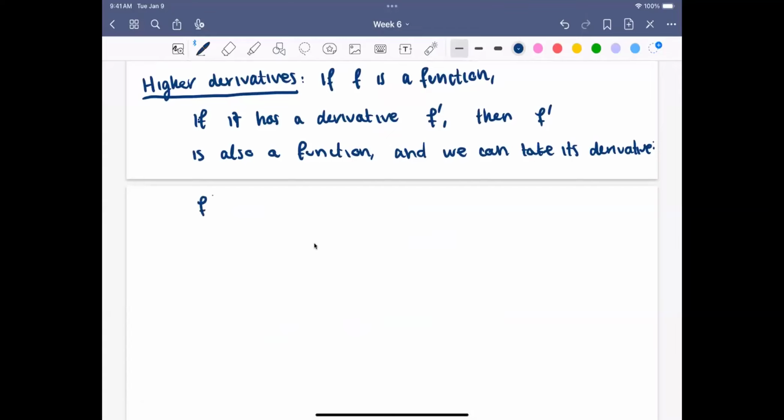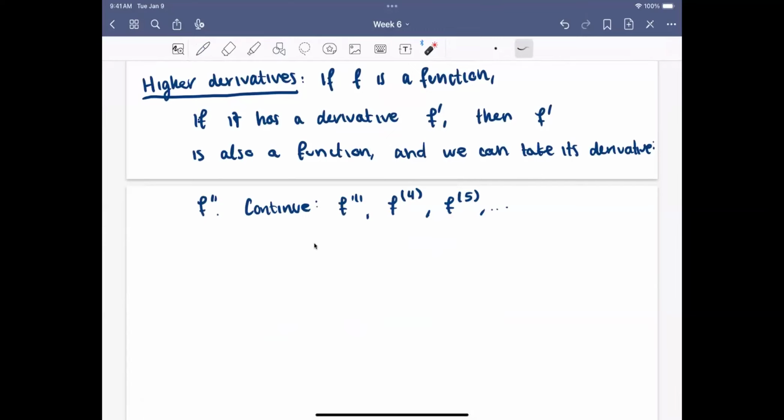You would write it as f double prime. And then you can continue if you like, and you could take the third derivative, or as you start to add more primes, it's more typical to just write the number of derivatives in parentheses as an exponent. So this means take the derivative 5 times, for example.